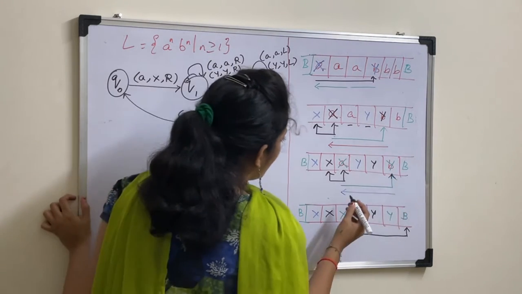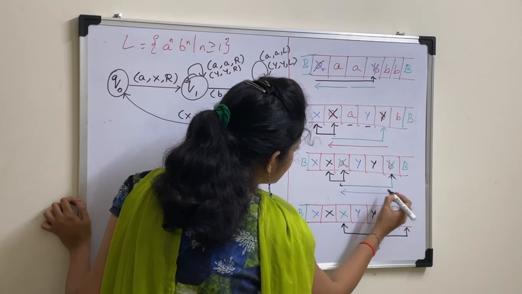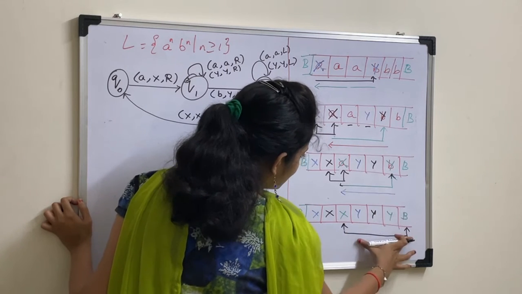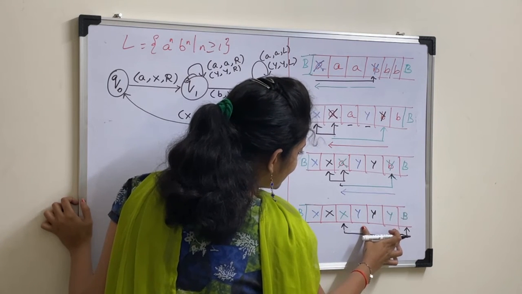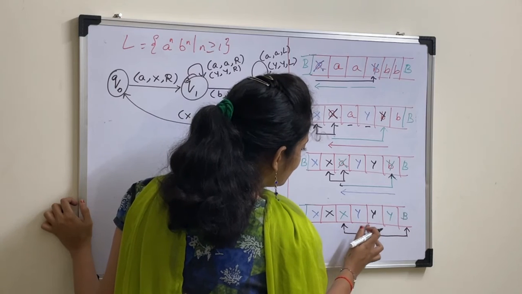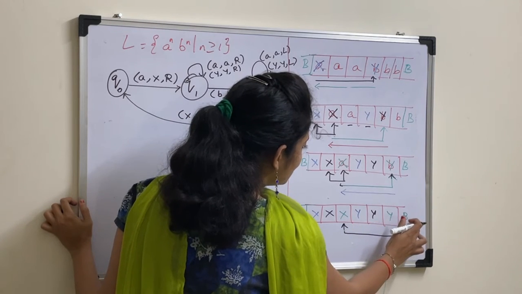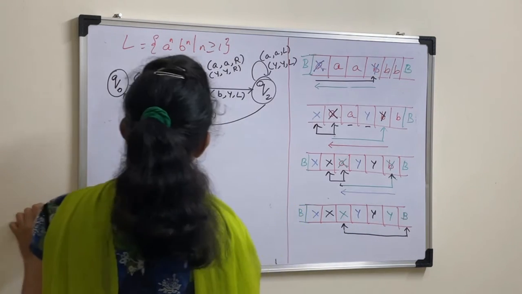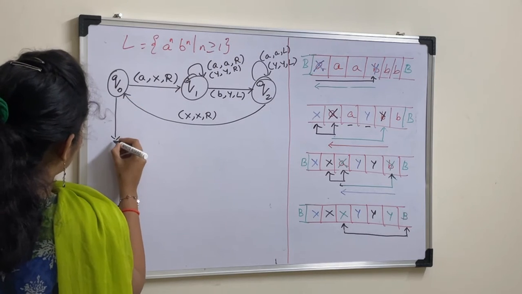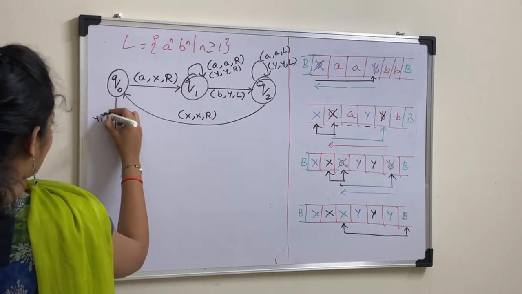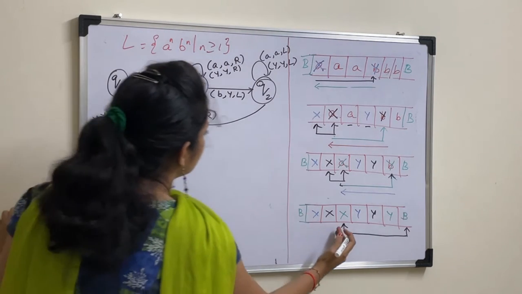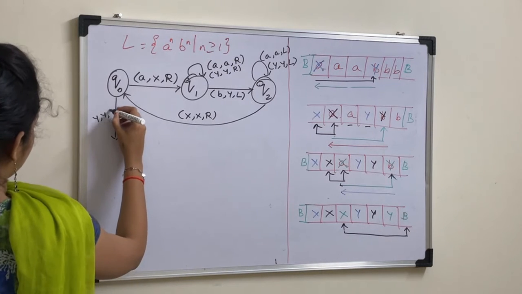In between we have Y's also. You need to read one symbol at a time until you reach the blank space. When you get Y, keep that Y as it is and move towards the right side.